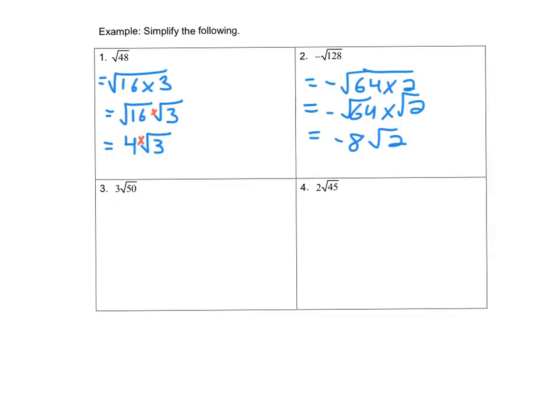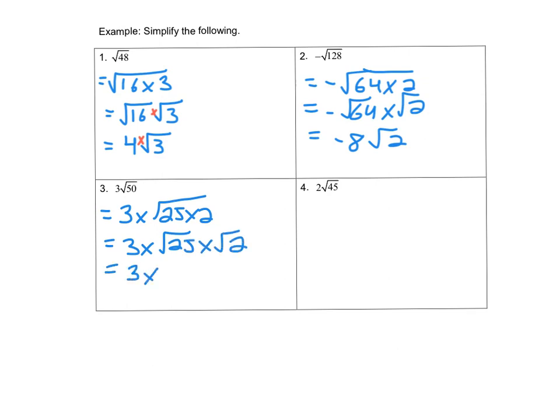We will just do 2 more. In this one, I want to simplify 3 times the square root of 50. So that's 3 times the square root of 25 times 2, which means 3 times the square root of 25 times the square root of 2. I can take the square root of 25, which is 5.